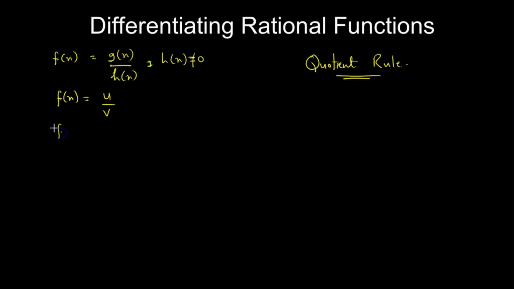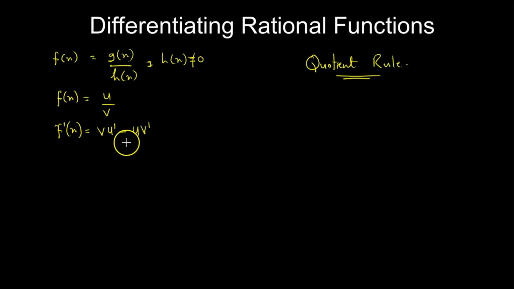So dy dx, or let's say f prime of x, will be equal to, this time around, the quotient rule works as this. Maintain the denominator, which is v, multiply it to the derivative of the numerator, which is u prime, minus maintain the numerator, which is u, multiplied by the derivative of the denominator, which is v prime.